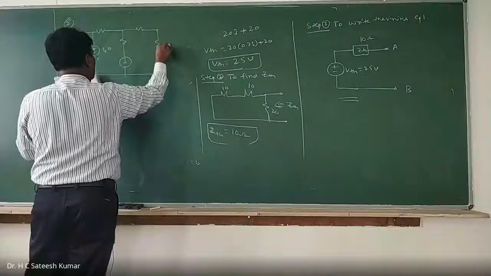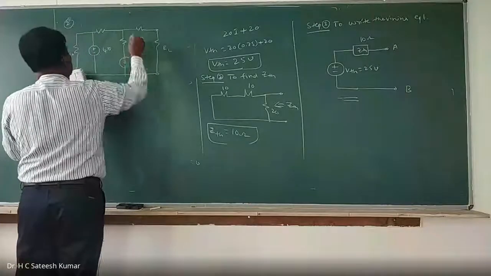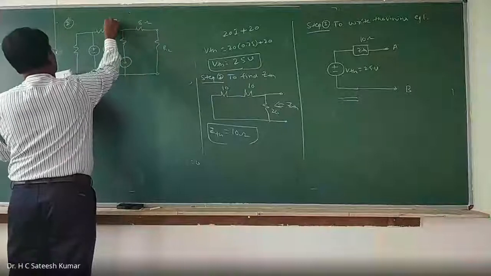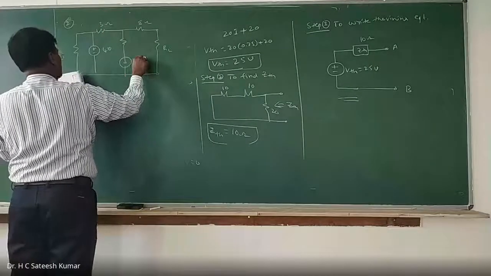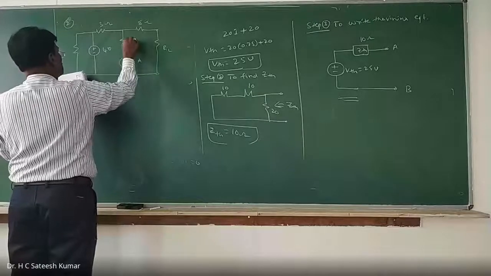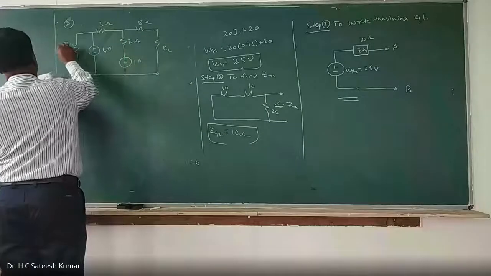This is RL, 8 ohms, 3 ohms, 4 volts, 1 amp, 2 ohms, 2 ohms.